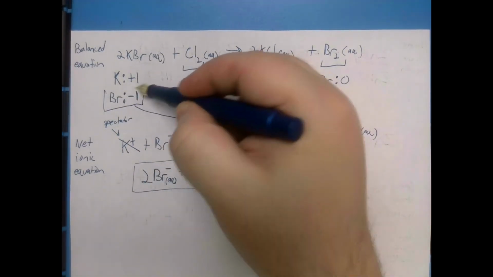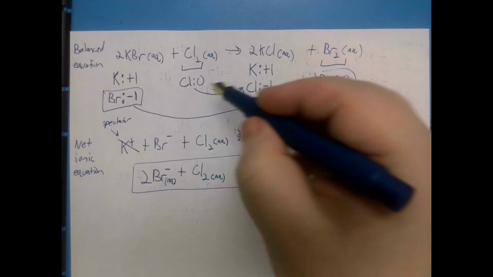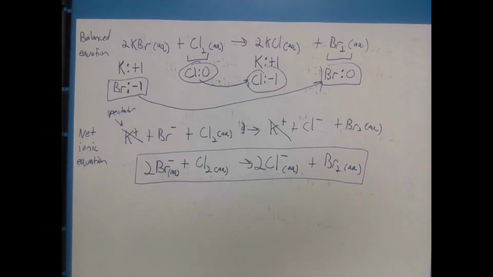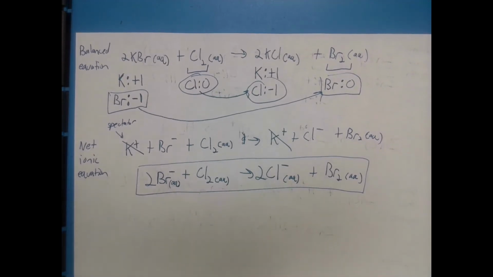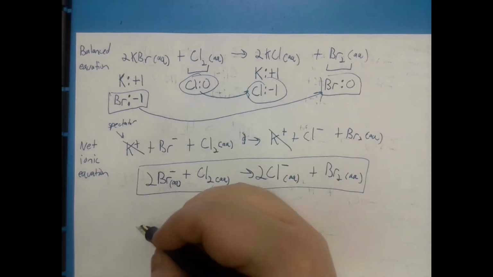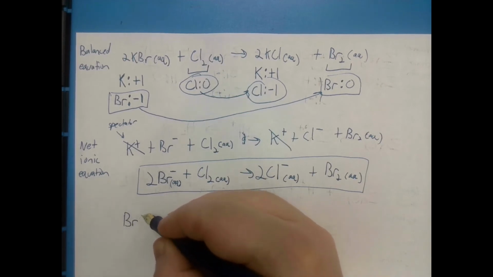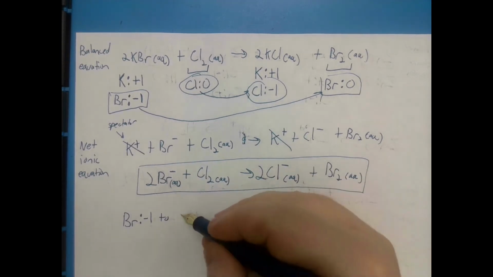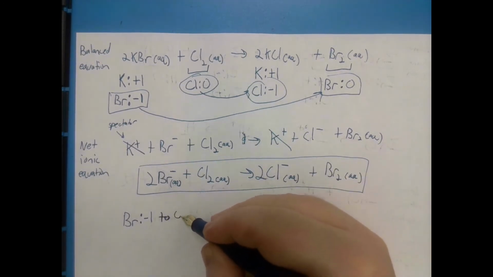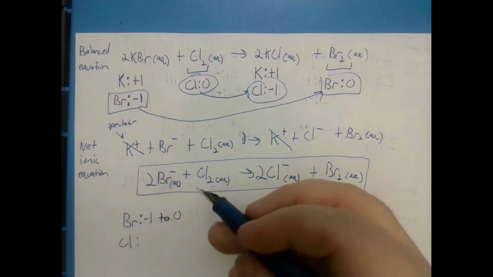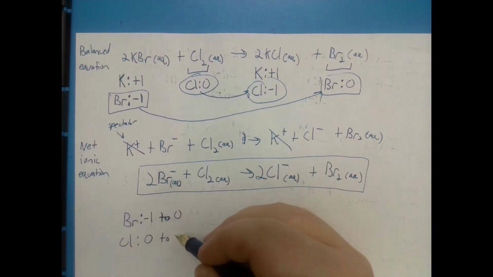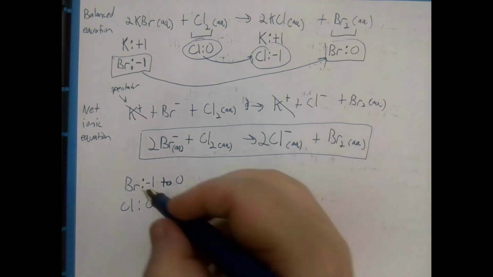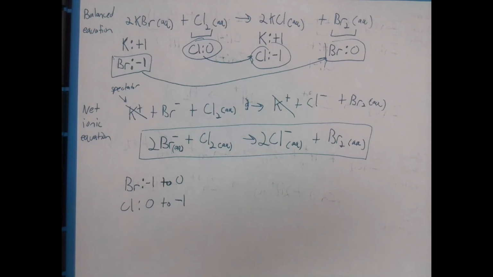Regardless of which way you do it, we see that bromine is going from -1 to 0, and chlorine is going from 0 to -1. So that makes bromine oxidation or reduction?